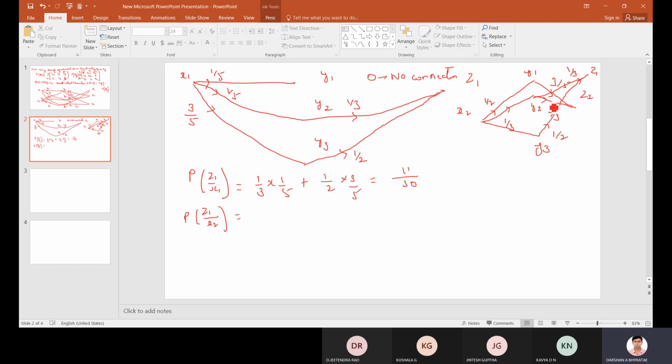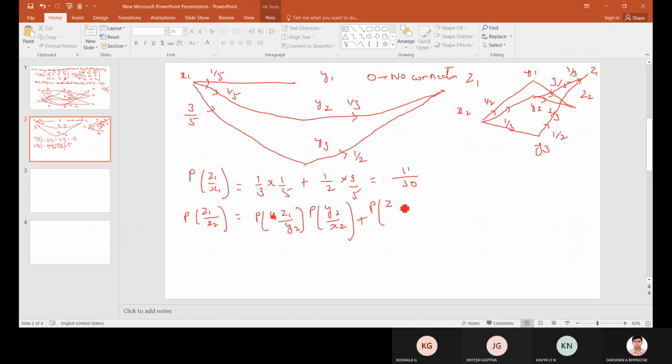Let me write here P of Z1 by Y2, because there is no connection P of Z1 by Y1, into P of Y2 by X2, plus P of Z2 by Y2 into P of Y2 by X2.